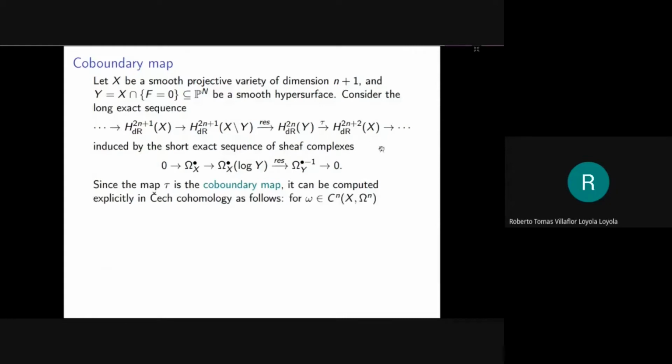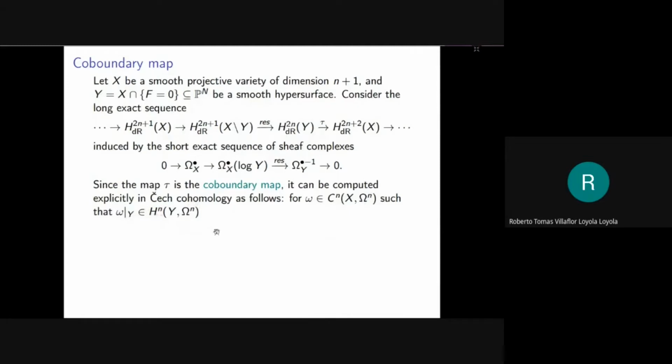So consider omega to be a Čech cochain inside X of n-forms, such that when we restrict omega to Y, we obtain a Čech cocycle, right? And so it will represent an element in the Čech cohomology group.